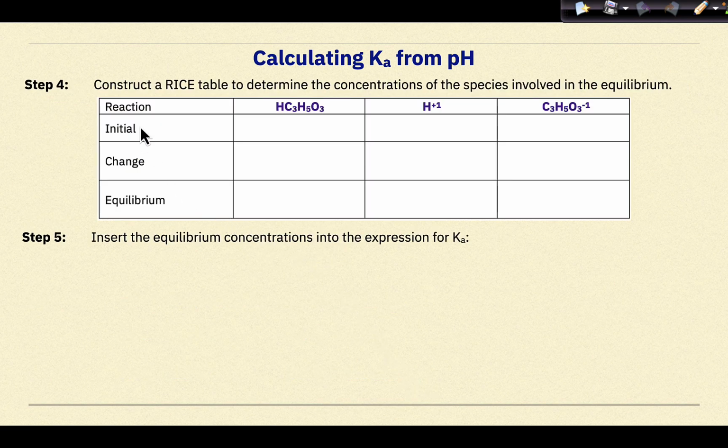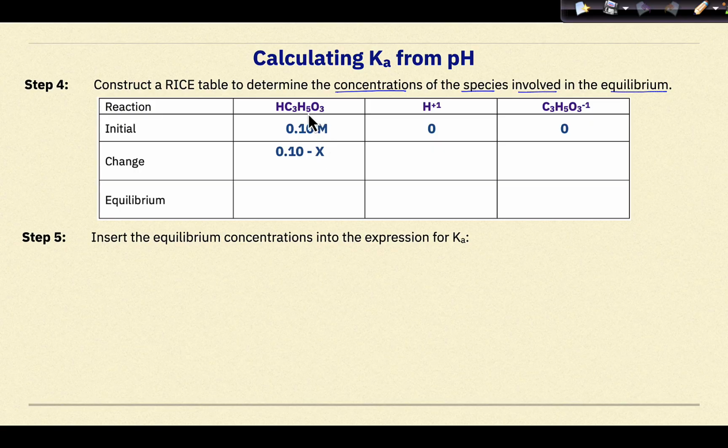Our next step is to construct an ICE table to determine the concentrations of the species involved in the equilibrium. So we have our ICE table, we have our lactic acid formula, the hydrogen ion formula, and the lactate ion formula represented in the last column. Initially, we start out with 0.10 molar of our weak acid and no hydrogen ions and no anions.